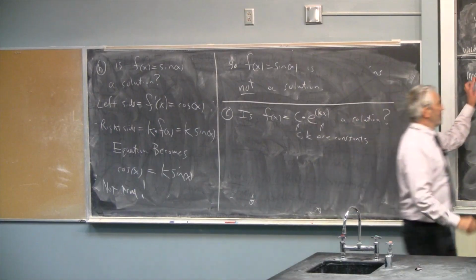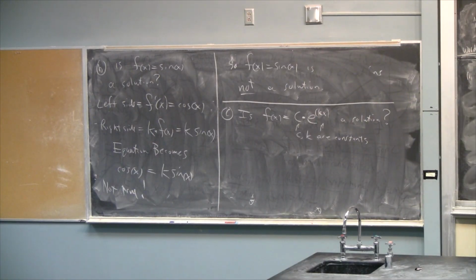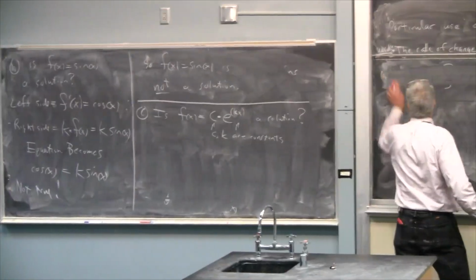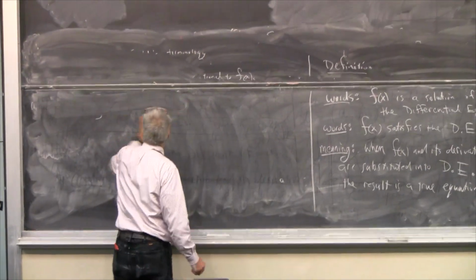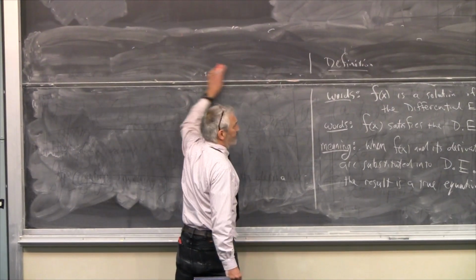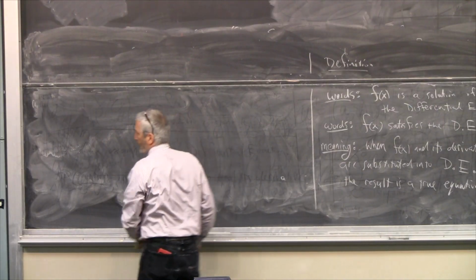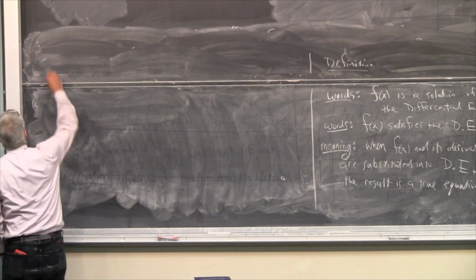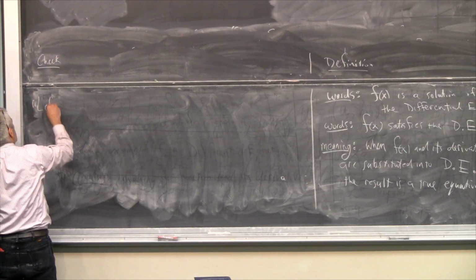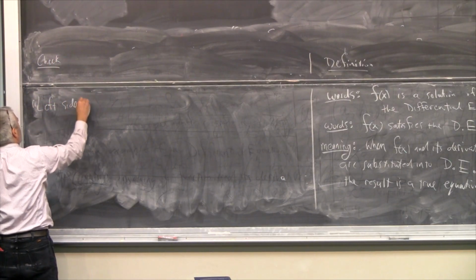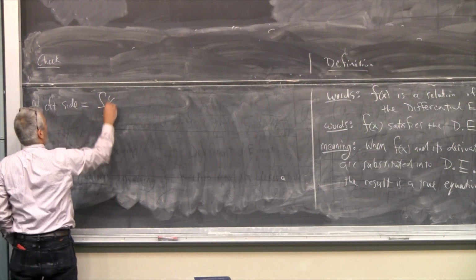Well, let's check. I'm going to start by just building the left side. So the left side is f prime of x.